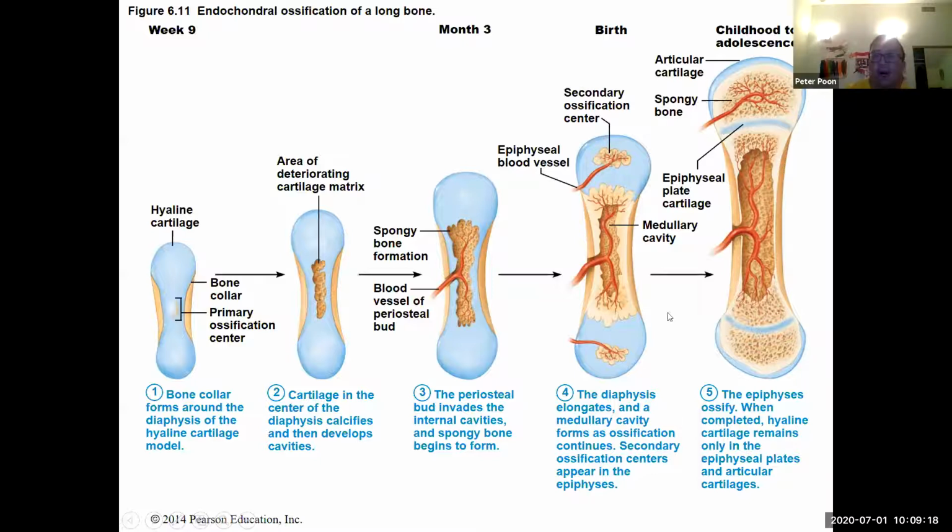Most bones interact with many other bones, so there's only a piece of cartilage where they interact. There's going to be a piece of bone and then another piece of cartilage. This piece of cartilage is important, and it's called the epiphyseal plate.